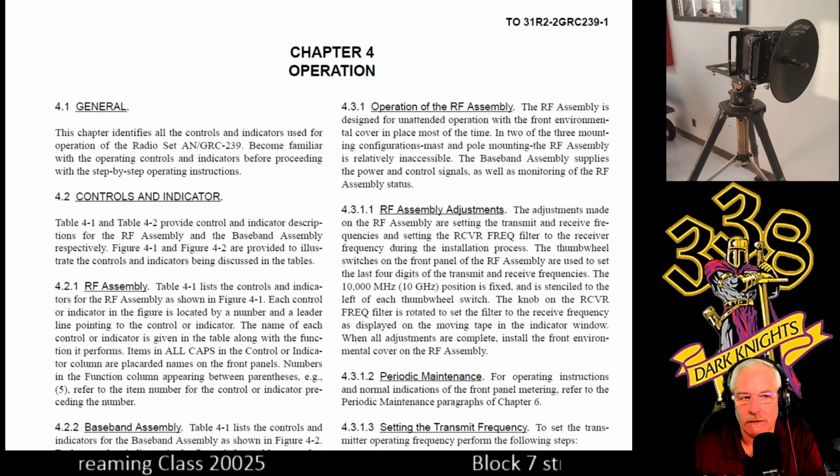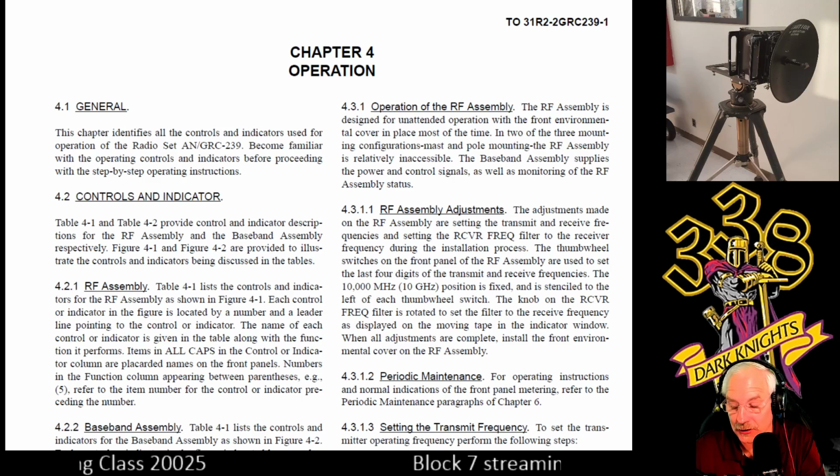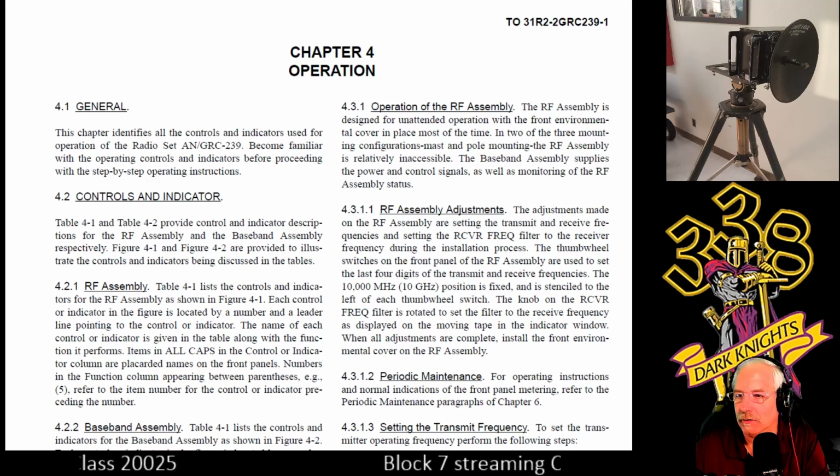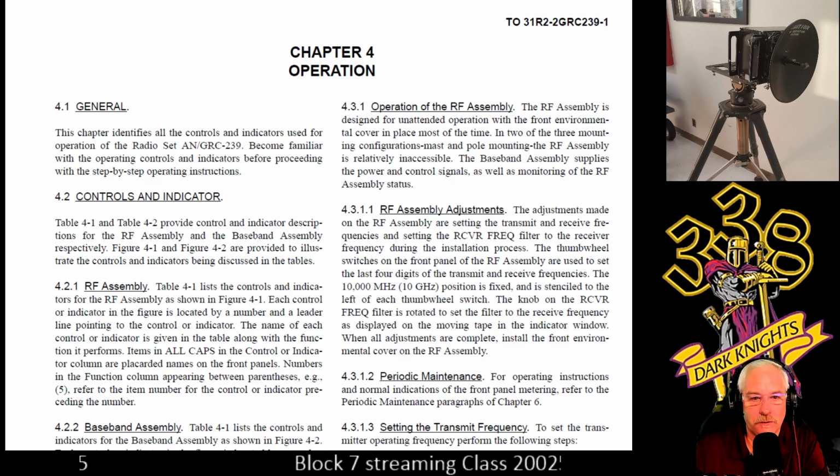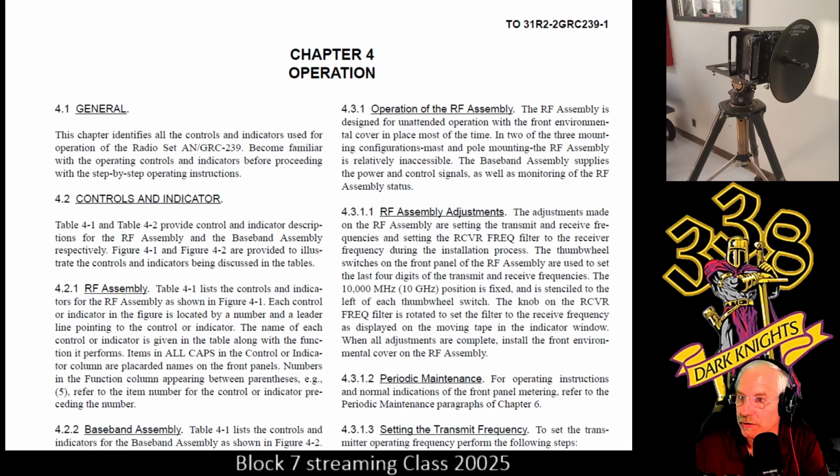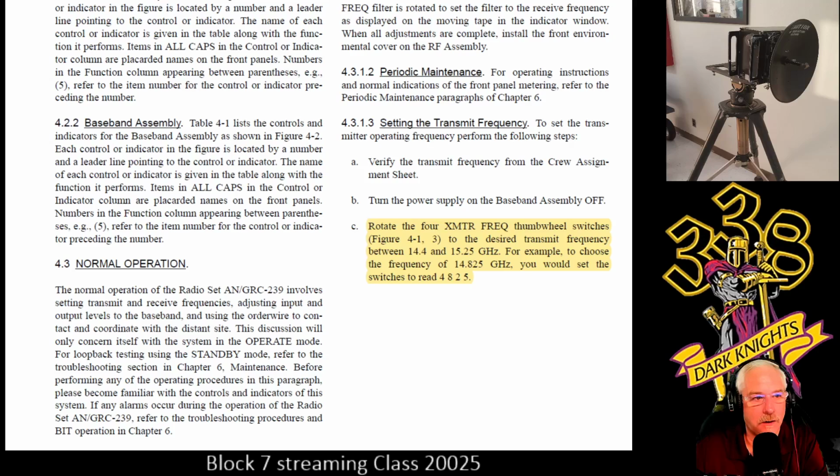Everything that's in here is on there. There is an extra piece or a cut sheet that goes along with it that tells you your polarization of your waveguide and your transmit and receive frequencies. It'll tell you which ones to choose and what to do.